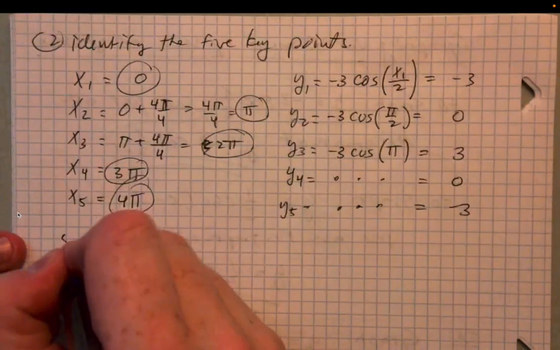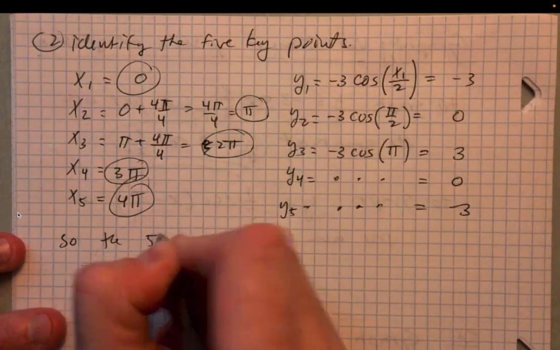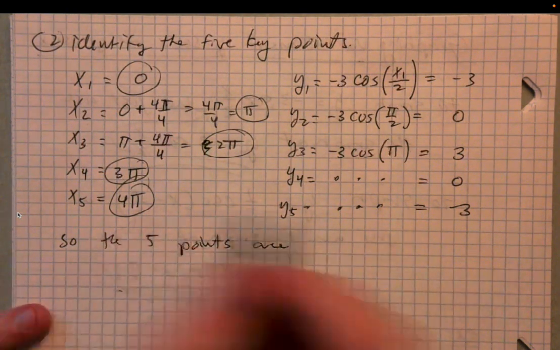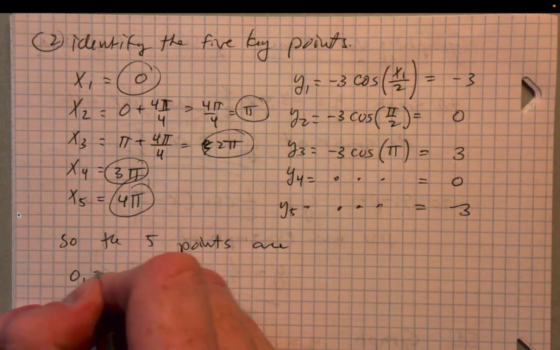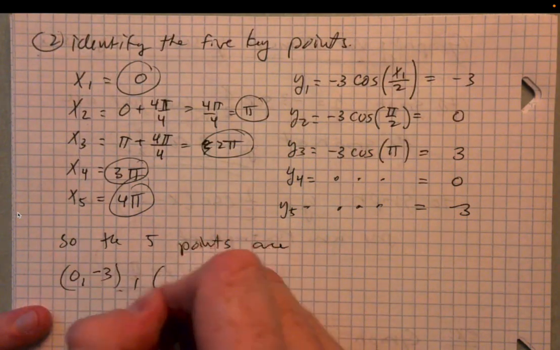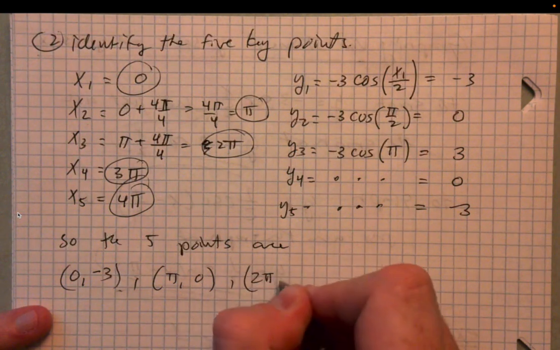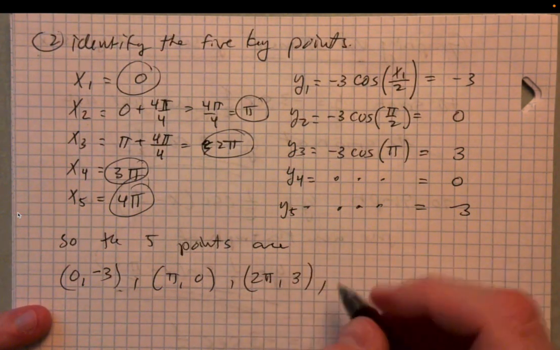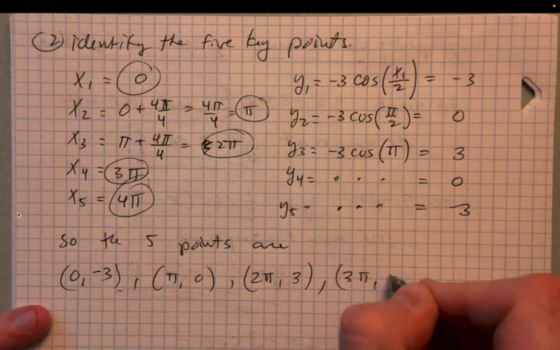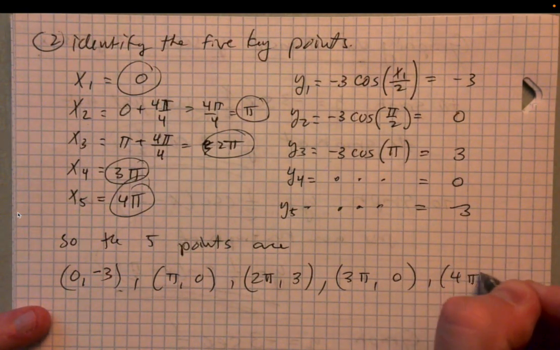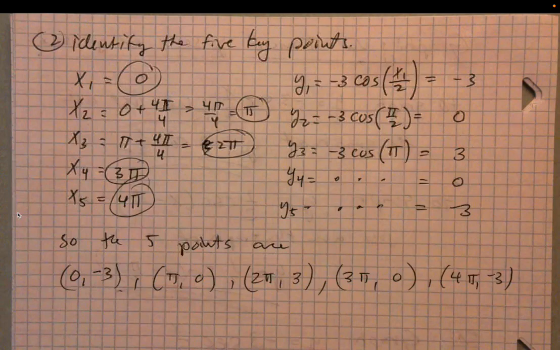So the 5 points are, and you can write them out like this if you want: 0, -3; pi, 0; 2 pi, 3; 3 pi, 0; and 4 pi, -3.